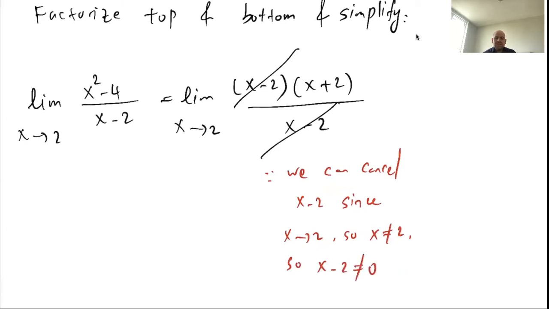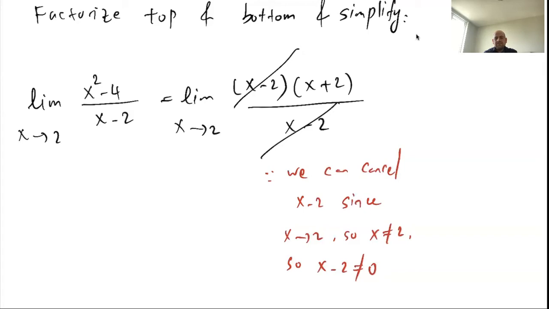Because if you want to cancel a factor from top and bottom of a fraction, you have to make sure that factor is non-zero. If it's 0, then you are not allowed to cancel it.